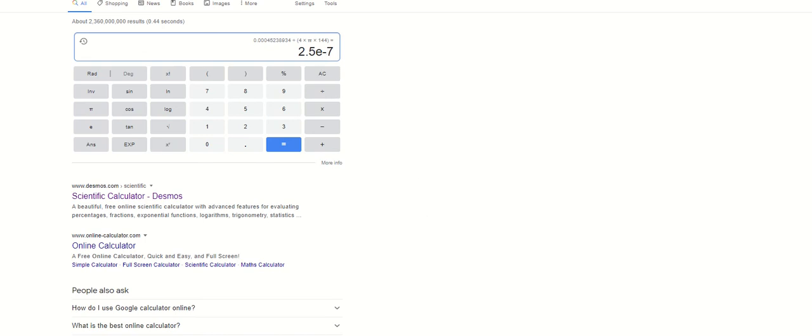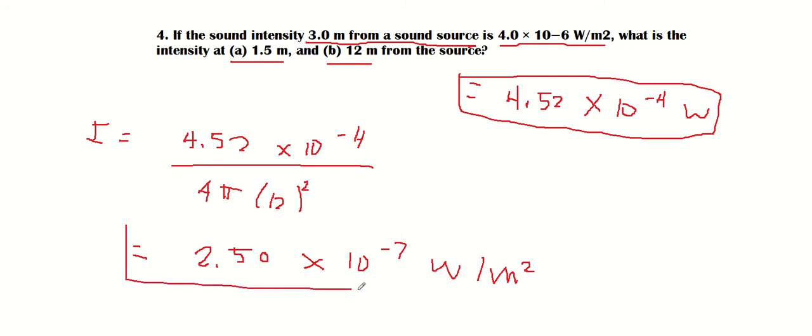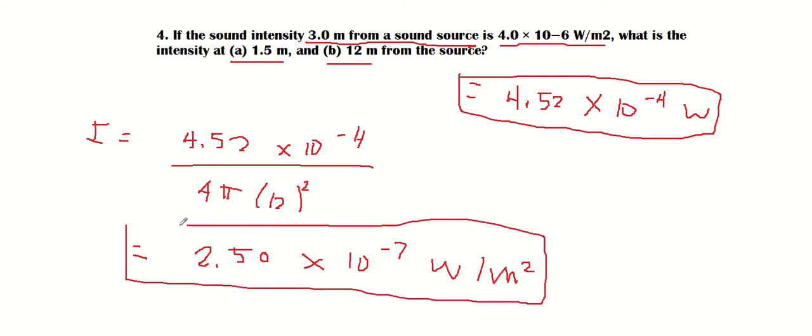Since 2 decimal places ang nire-require, so 2.50 times 10 raised to negative 7 watts per square meter. Yan. So, kuha na natin yung sagot, A and B, for number 4.